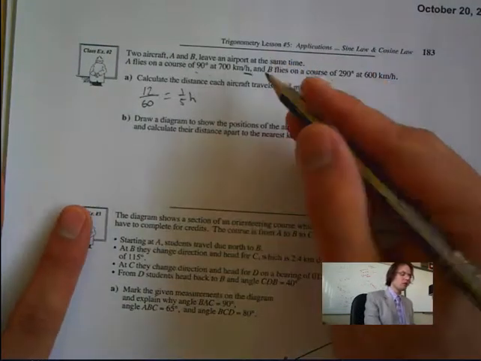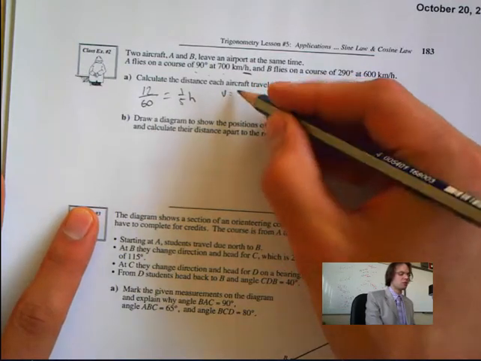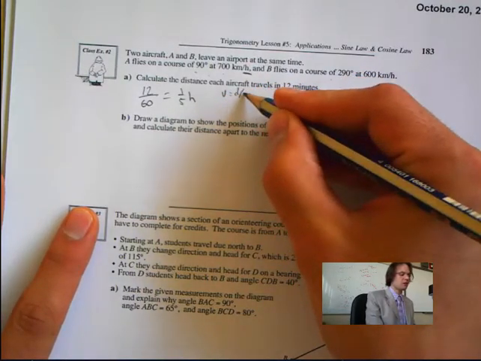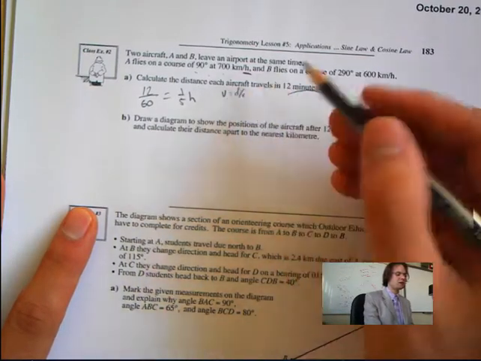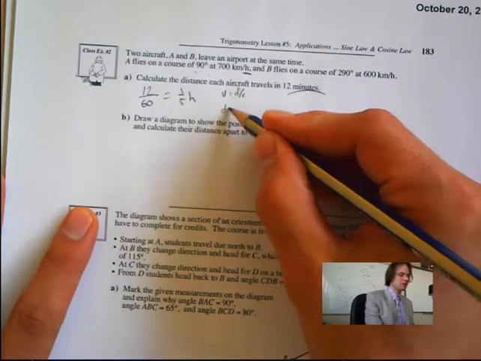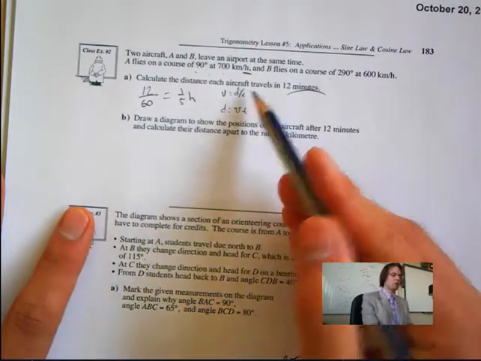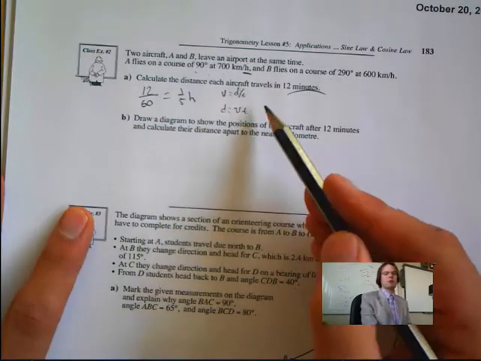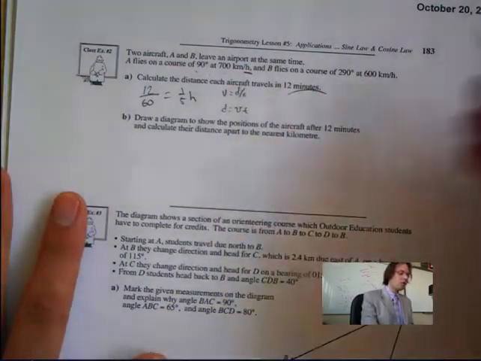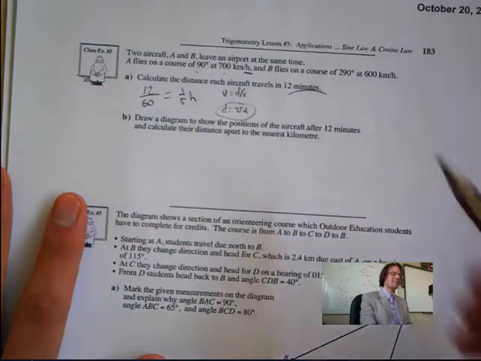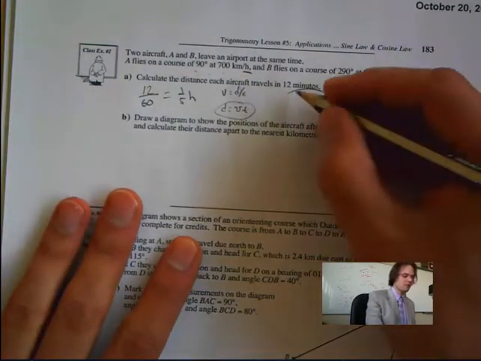We continue this off. We know that velocity, or speed, is equal to distance divided by time. If we rearrange that to get distance by itself, distance is equal to velocity multiplied by time. All I did was multiply both sides by time to cancel out the time. Now, using this formula, we can find the distance each plane traveled in 12 minutes.